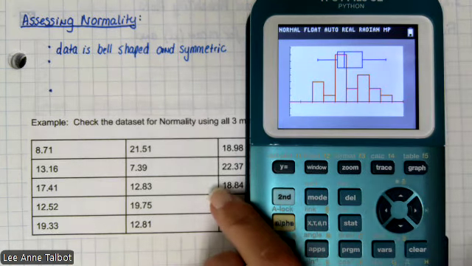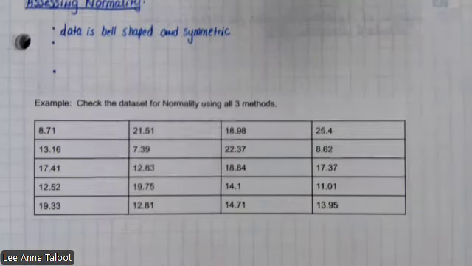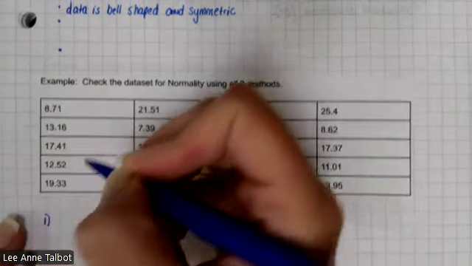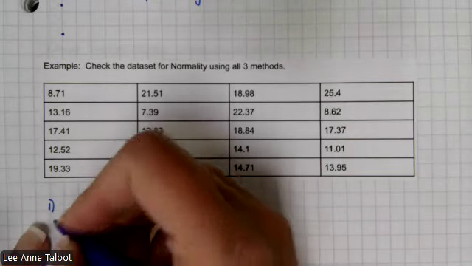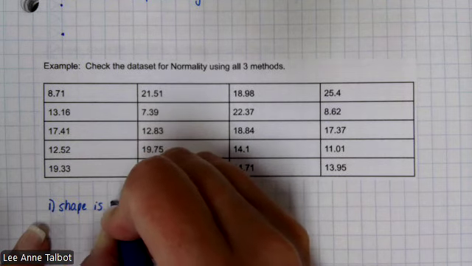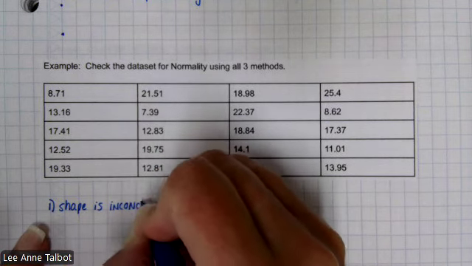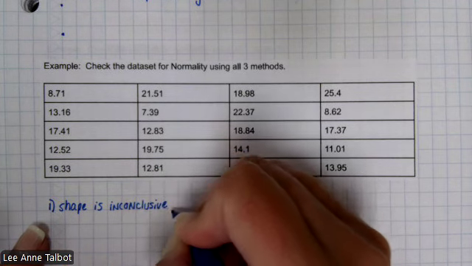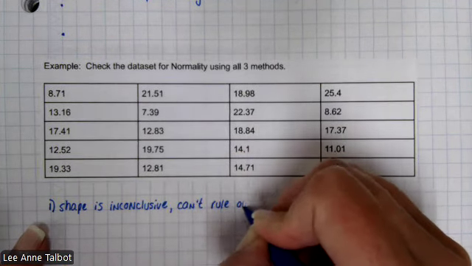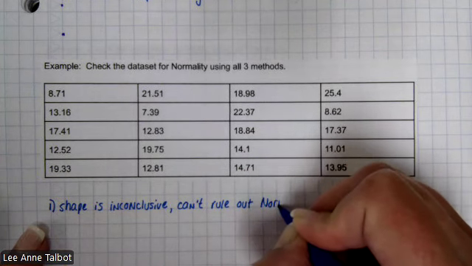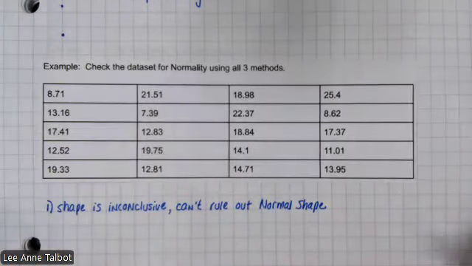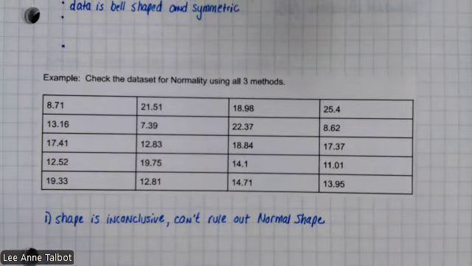Not being sure happens a lot in stats. Okay, so we're going to go down here and say shape is inconclusive. You can't rule out a normal shape. It might be, not really sure.